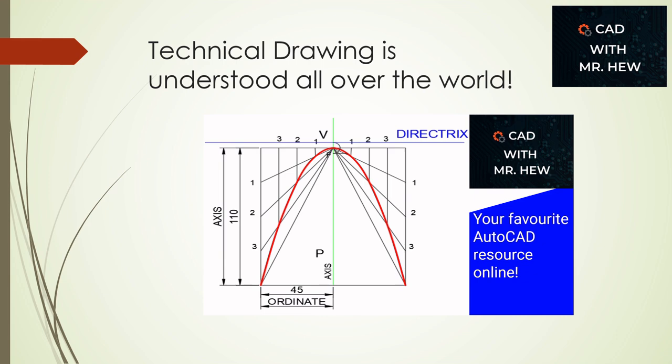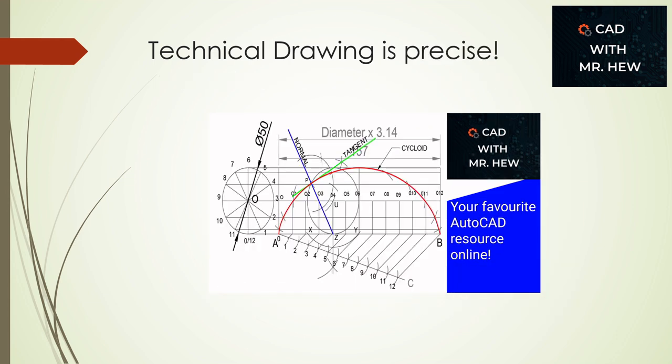Technical drawing is precise. Technical drawings require neatness and accuracy, two fundamental requirements of technical drawing. Technical drawings require precise and tidy means of presenting design ideas in the form of drawings.